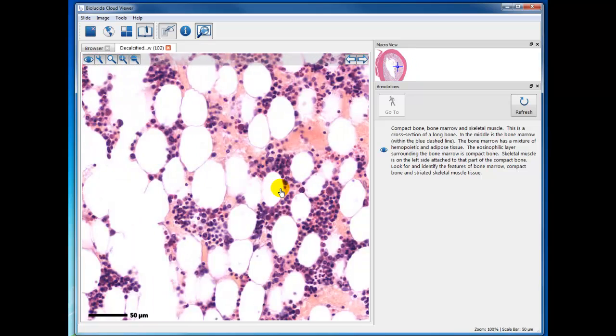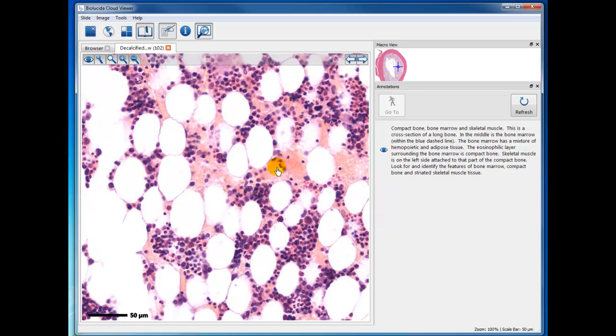And you see a combination of adipose tissue and hematopoietic tissue. Now, these somewhat reddish areas, very light reddish, those are collections of red blood cells that were not fixed very well, so you can't see the individual cells.